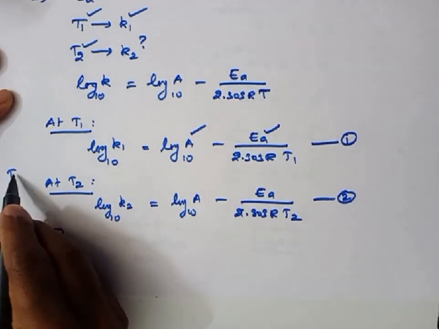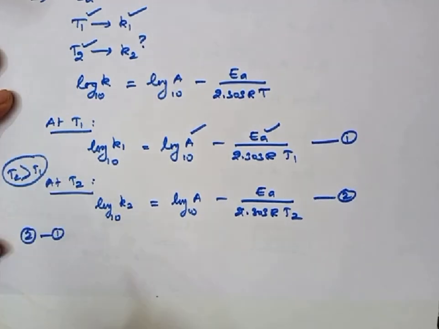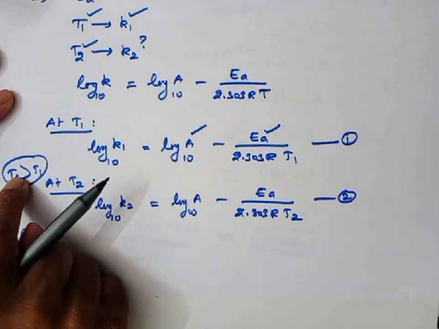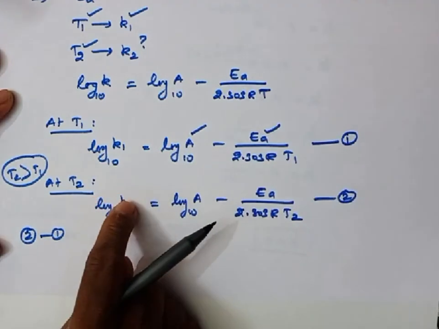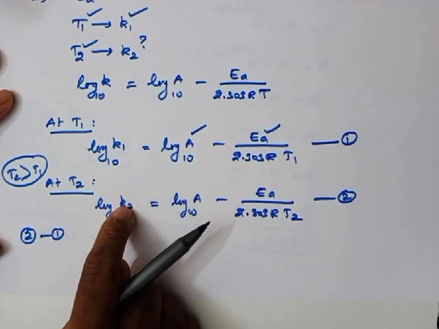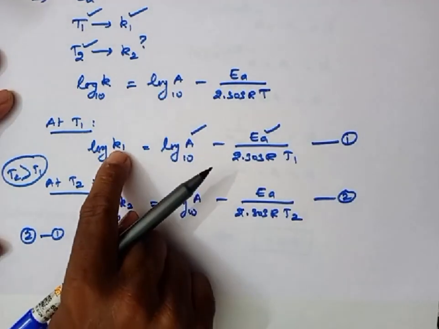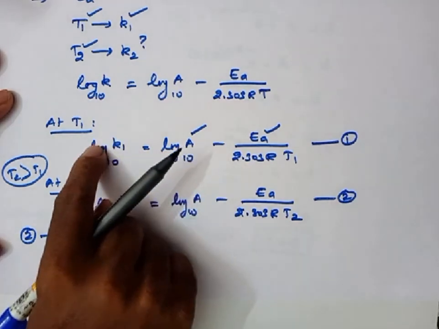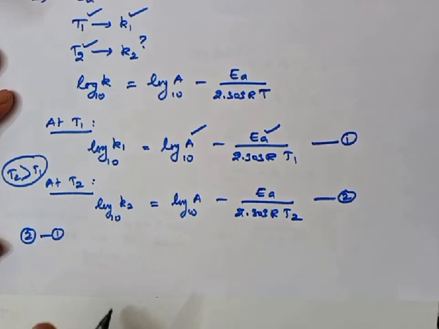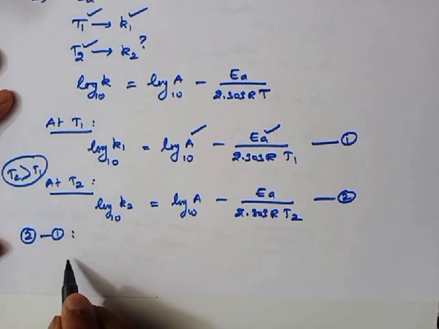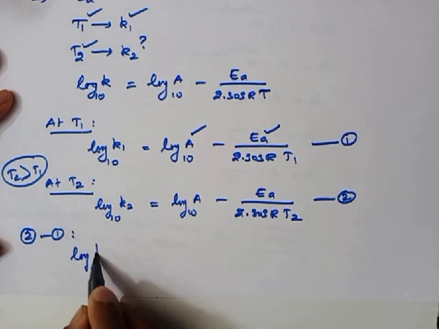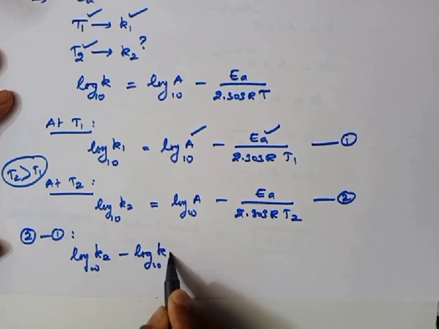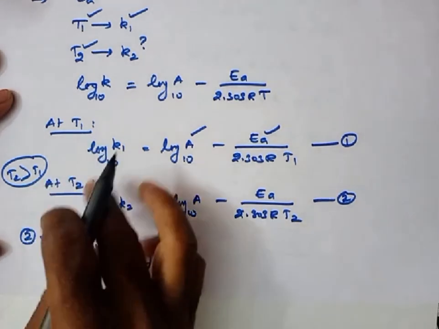Assume that T2 is greater than T1. As temperature increases, rate increases, so the rate constant increases. Compared to K1, the K2 value is high, so I subtract the lower value from the higher value: log K2 minus log K1 equals.